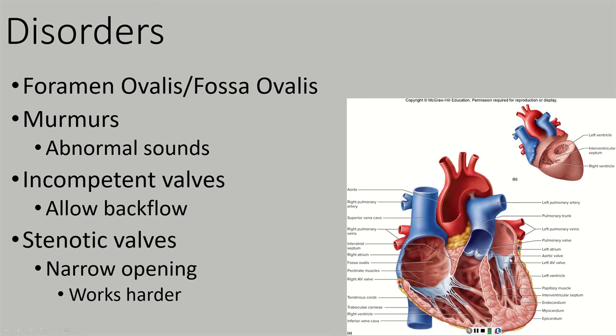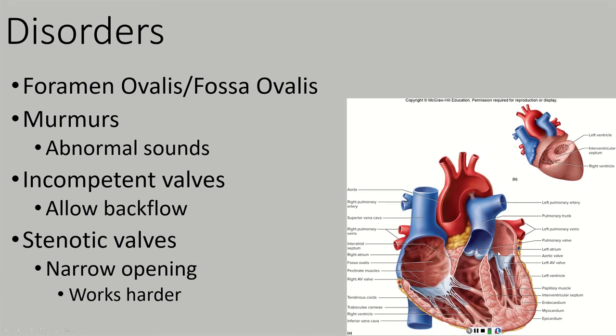Over on the left side of the heart, there's the left AV valve, which has 2 flaps. We call this the bicuspid valve. So that's the term we're going to use in class. The bicuspid valve lets blood flow from the left atrium into the left ventricle, but not back the other way.